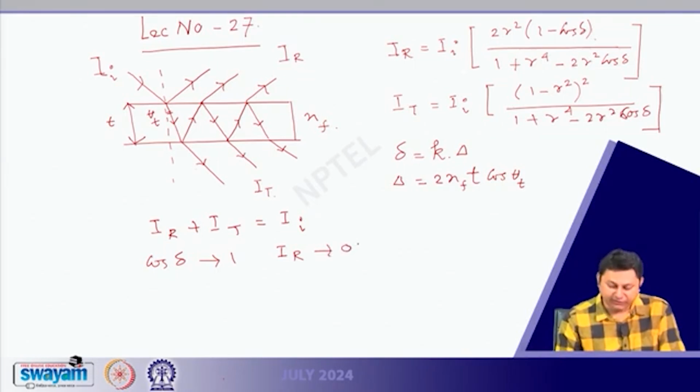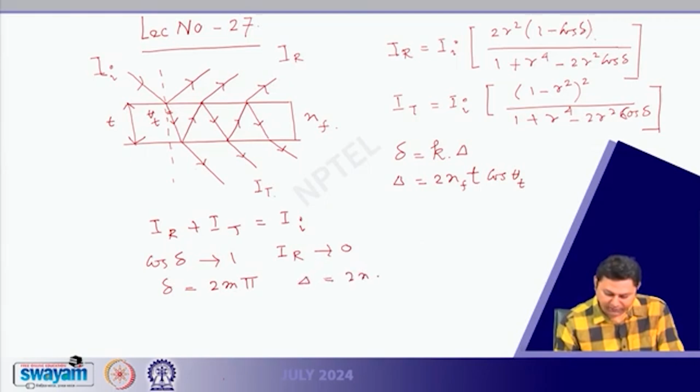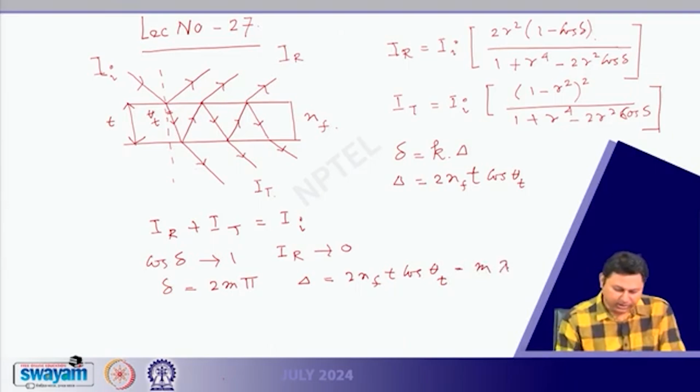That means there is a condition for destructive interference for the reflected rays. That condition arises when delta satisfies 2m pi, or the path difference 2 n effective t cos theta t equals m lambda. That is the condition one can get out of that.